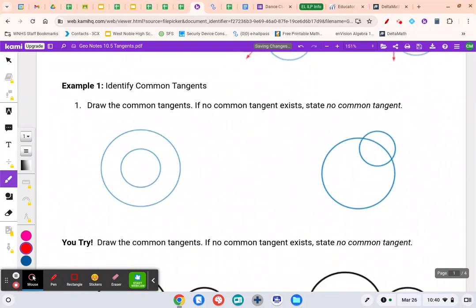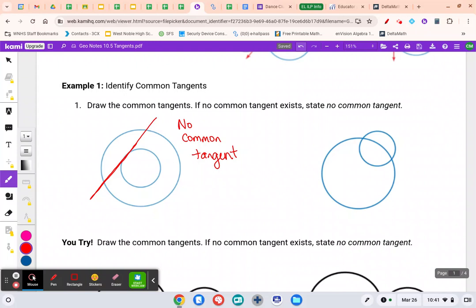So, for example, here we are going to draw common tangents. If no common tangent exists, state no common tangent. Okay? So, on this one, there actually is no common tangent. There is no way that you can draw a tangent through the center circle without passing through the other circle twice, okay?